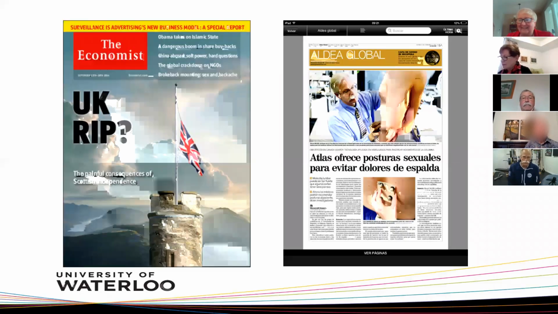We were front page in China, Costa Rica, Italy, Spain, Norway. We even made the front page of The Economist, which is a fairly conservative newspaper or magazine, and you can see the headlines there, broke back mounting, sex and backache, and they wrote up a story on this.